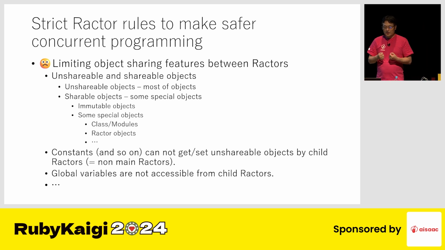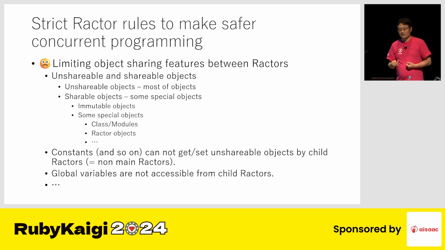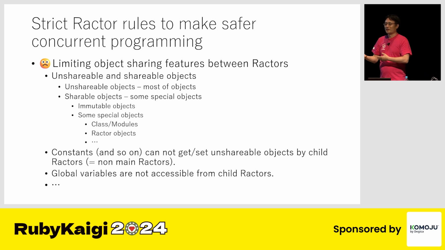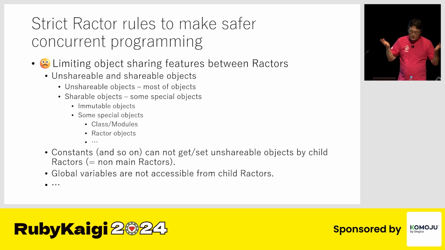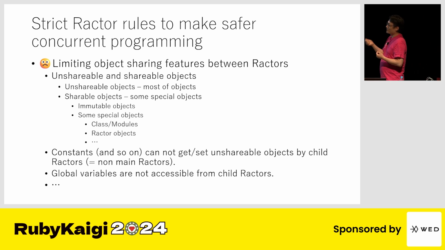We also have some special shareable objects: immutable objects, and some special objects such as classes, modules, and Ractor objects themselves. We define that a shareable object can be shared between Ractors, but an unshareable object cannot be shared between Ractors.